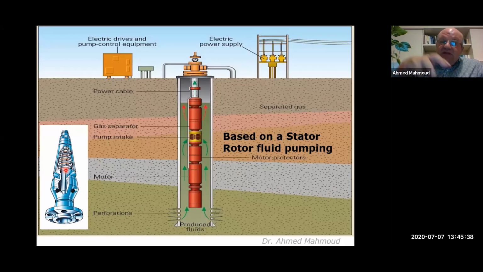The nutshell of the ESP is that you apply a small amount of electricity from surface, and because you have multiple stages, the energy provided by the motor in terms of RPM is rotating multiple stages, all connected together within the same shaft, and the rotation of the same shaft will give you a much higher volume of production, which is mobilized all the way up to the surface.